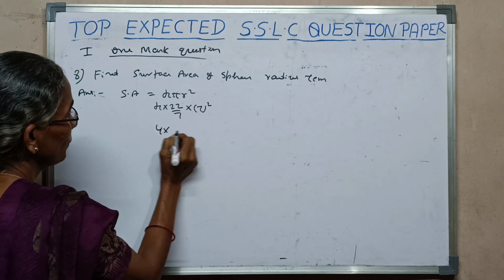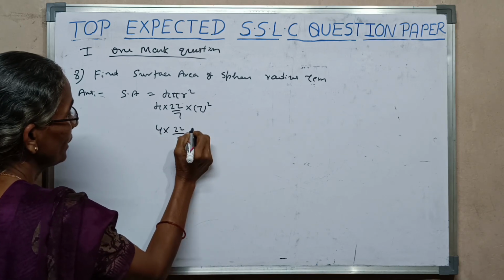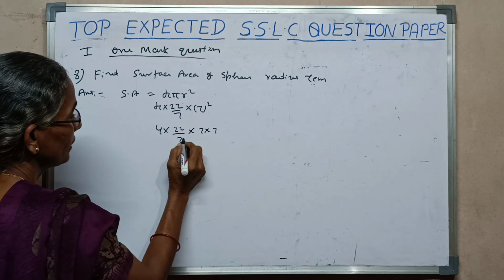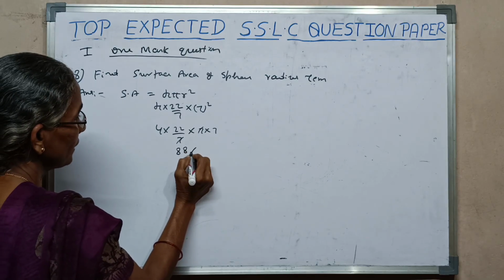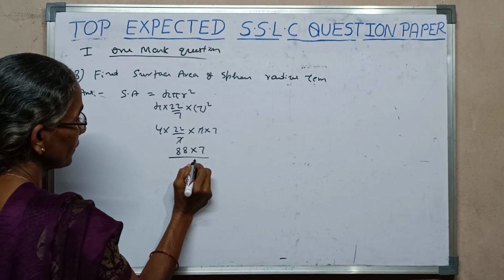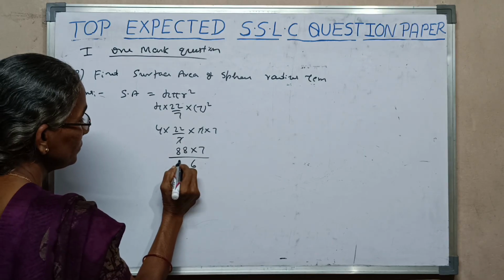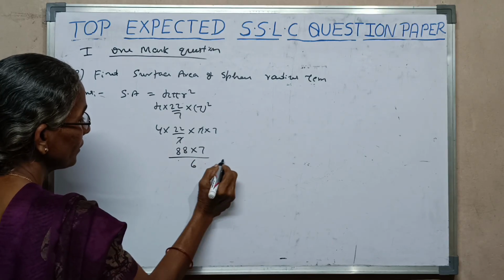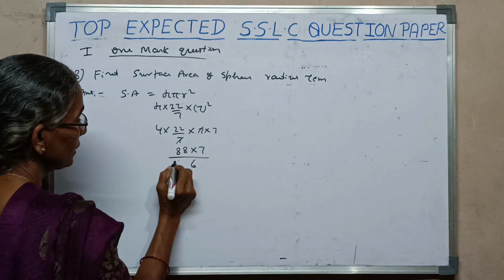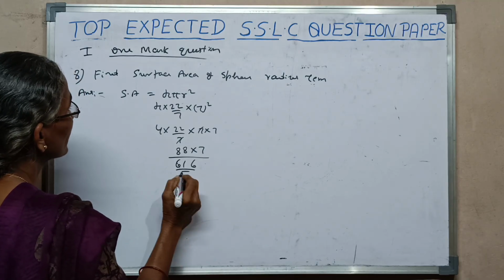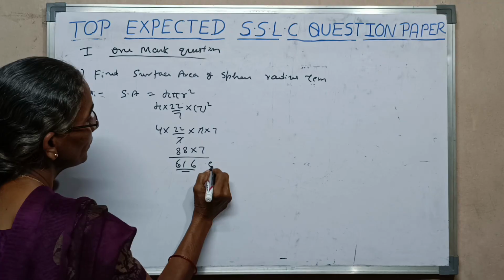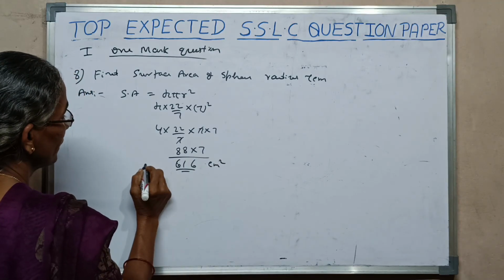That is also equal to 4 into 22 by 7 into 7 into 7. 22 into 4 is 88 into 7 is 616 centimeter square area.